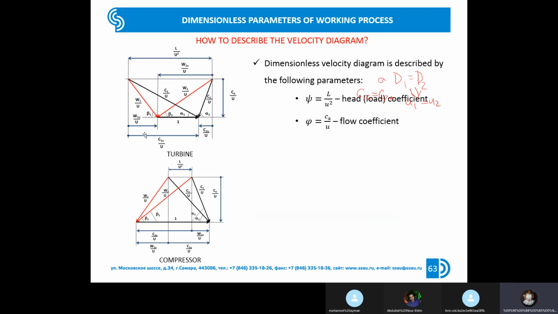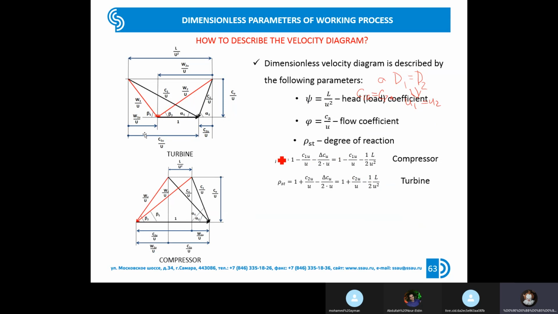But it is more physically correct to use another value, and we discussed it in the previous lecture. If you remember, in the last lecture, we received these two equations for the degree of reaction. If we look carefully at these equations, and if we set the law and the degree of reaction, we could extract C1U or C2U divided by U from these equations.